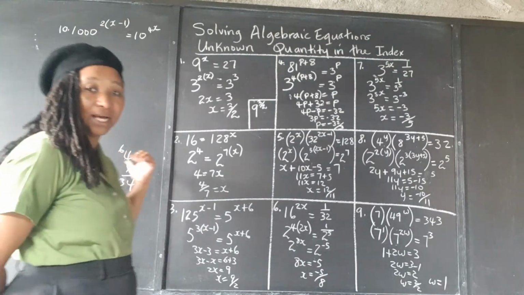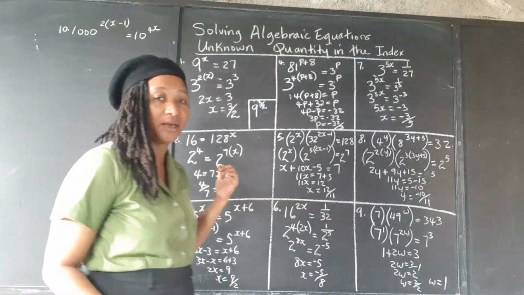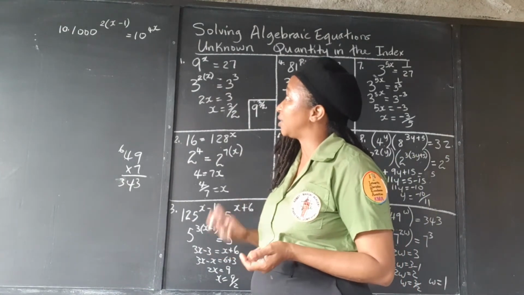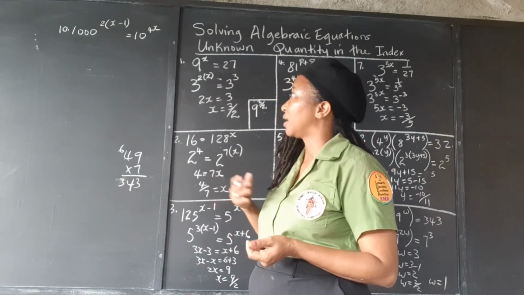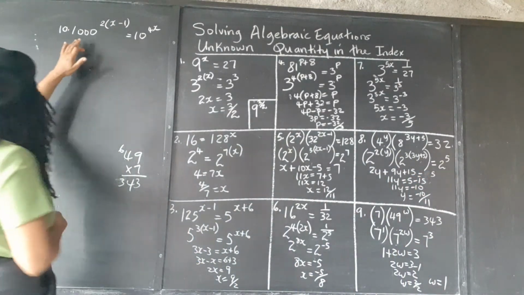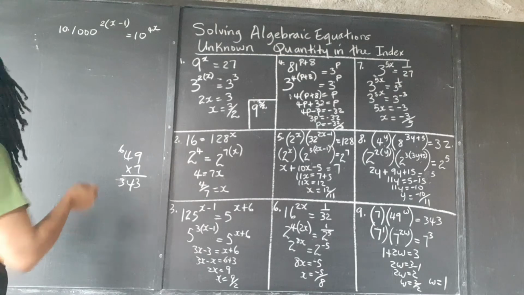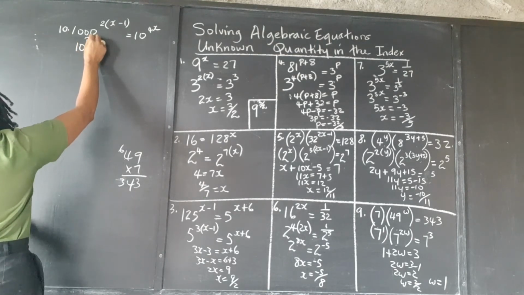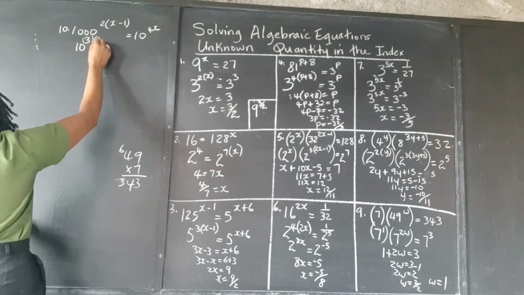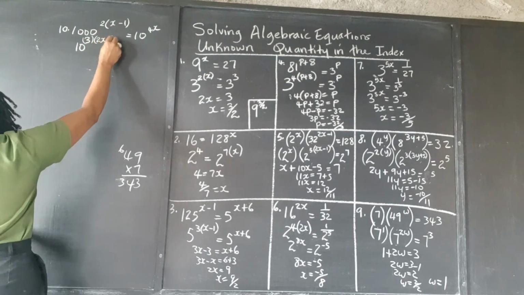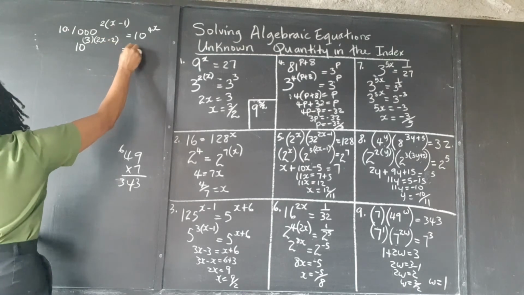Okay, so we're at the last one. Alright? The last one, number 10. So we have 1000 to the 2x minus 1 is equal to 10 to the 4th. We know that 1000 can be written as 10 to the 3rd power. And that's going to expand. 2 times x is 2x, 2 times 1 is 2, 10 to the 4x.